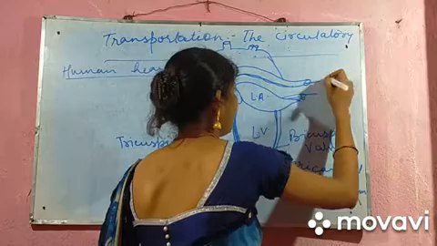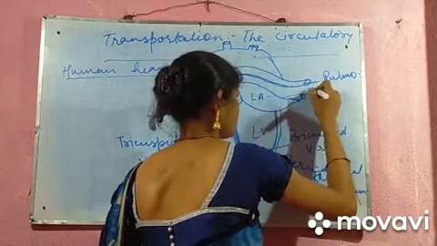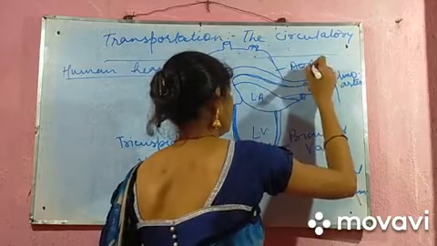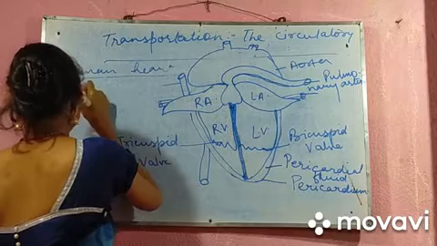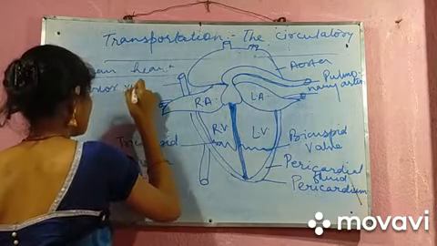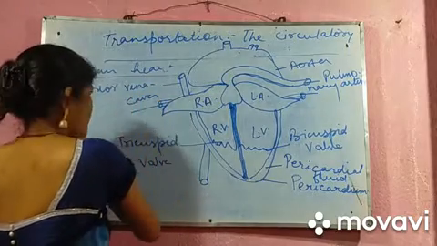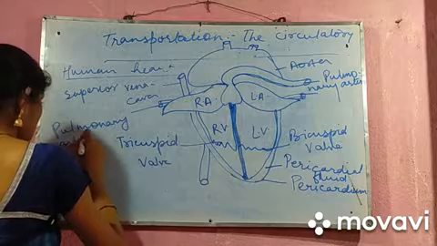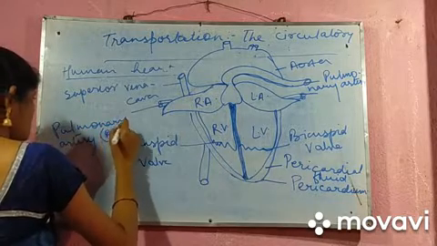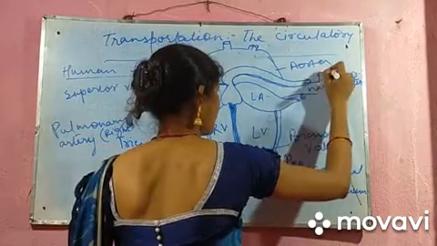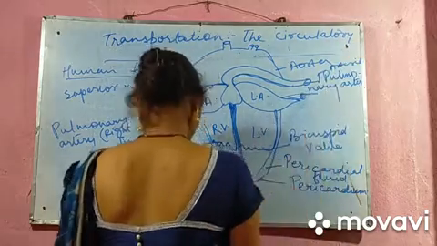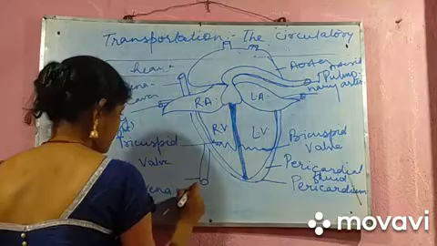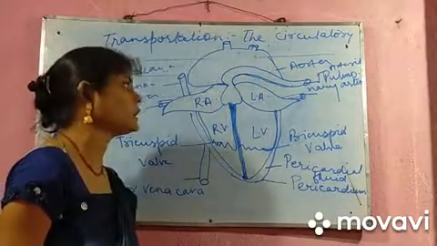Pulmonary artery, vena cava, pulmonary arteries, right side, this is the arteries, this is the inferior vena cava. So these are the different parts of the human heart.